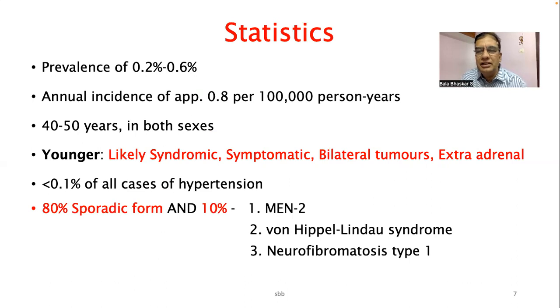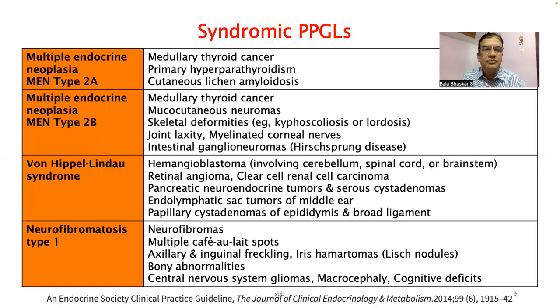80% of the condition is sporadic, whereas 10% can be associated with syndromes such as multiple endocrine neoplasia 2, Von Hippel-Lindau syndrome, and neurofibromatosis type 1. There are associated manifestations with these syndromes. For example, MEN type 2A could be associated with medullary thyroid cancer, primary hyperparathyroidism, and others.